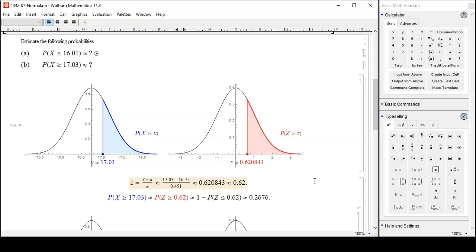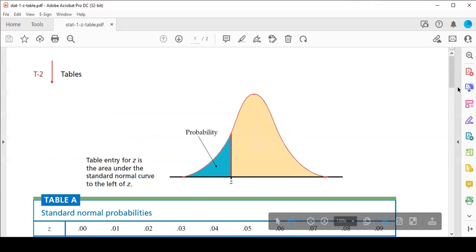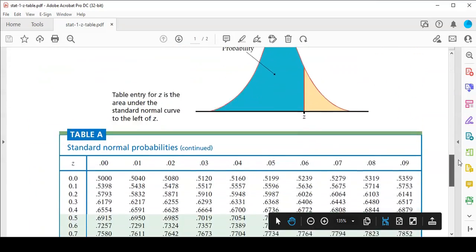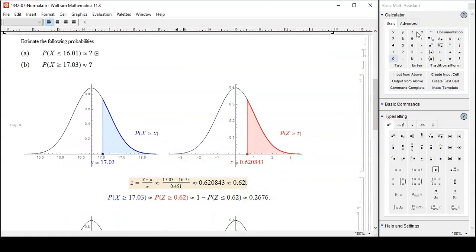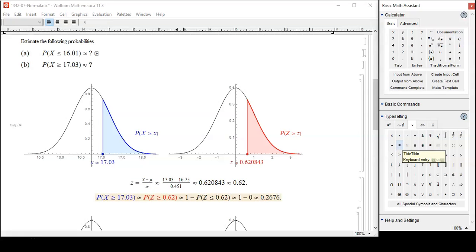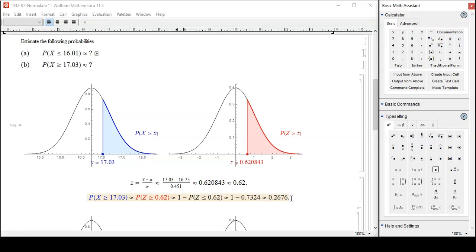Now, if you look up 0.62 from your normal table, you're going to get 0.7324. Not 0.7424, 0.7324. All right, 0.7324, and do 1 minus of that. In the end, you get 0.2676. And that is the probability that we estimated.